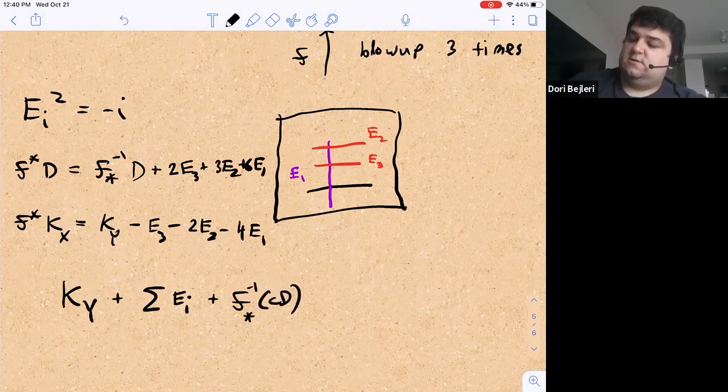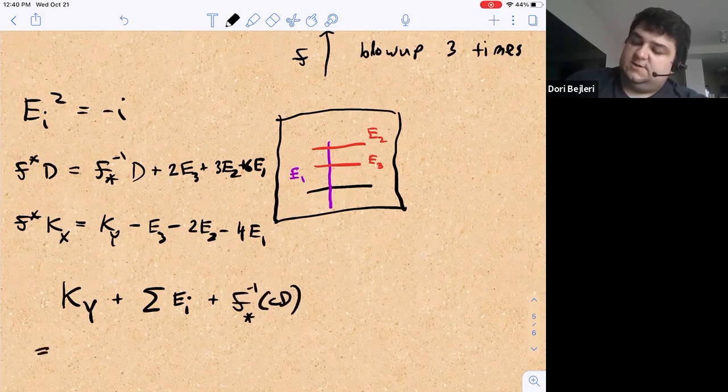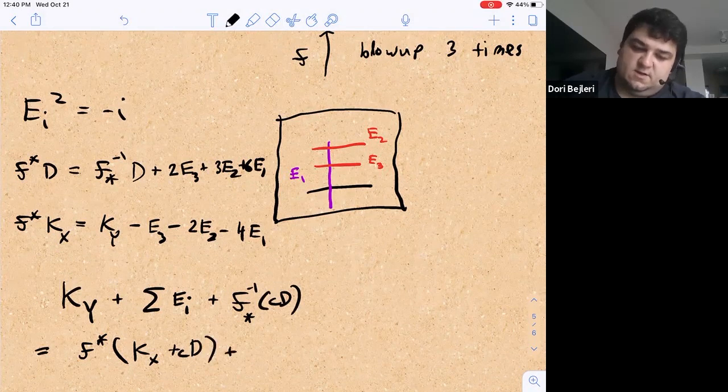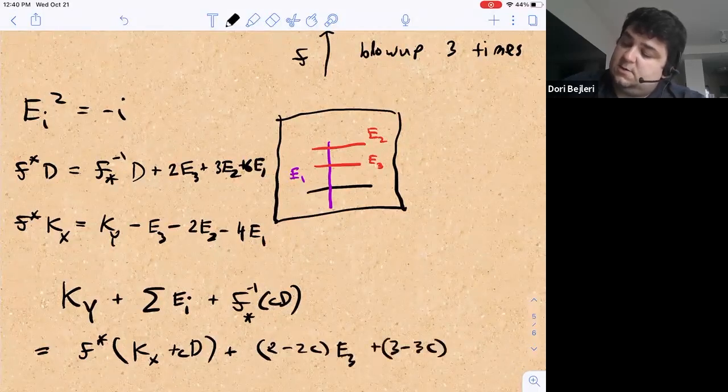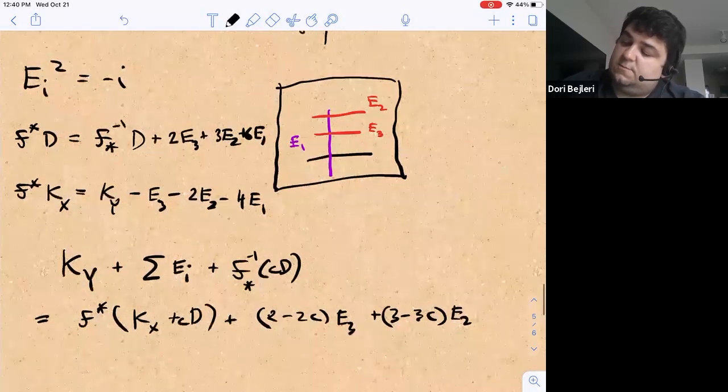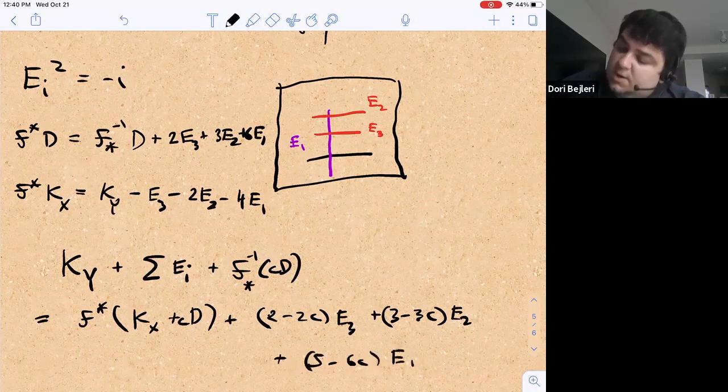The log canonical divisor is equal to the pullback plus the following coefficients: 2 minus 2c times E3 plus 3 minus 3c times E2 plus 5 minus 6c times E1.